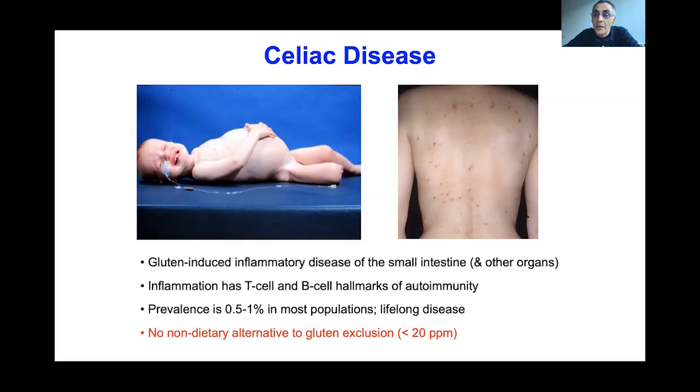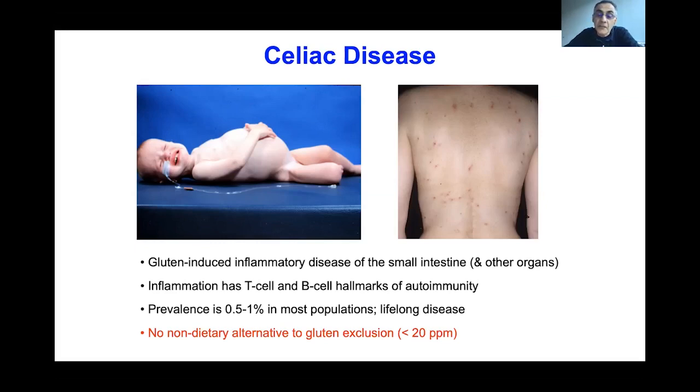About 1 out of 100 to 200 of us have this disease, but notwithstanding the fact that it's been over 60, 70 years since the disease was recognized, there has really been no efficacious treatment outside of strict dietary exclusion of gluten on a lifelong basis.